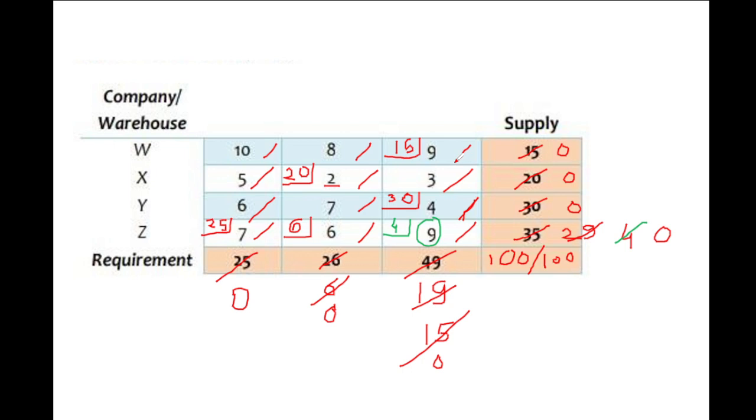So how are you going to calculate the total cost? You know that particular method. Okay, so wherever there are the selected cells, we will utilize those and count the total cost. So let's calculate. So the total cost would be, in the first row it is 15 into 9.